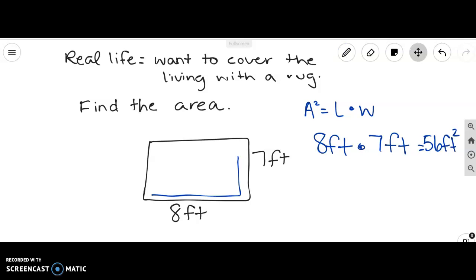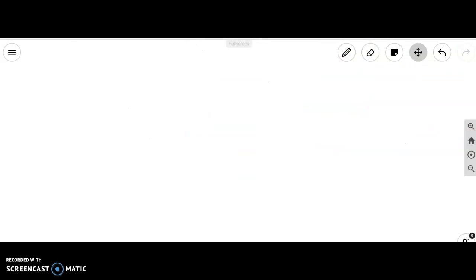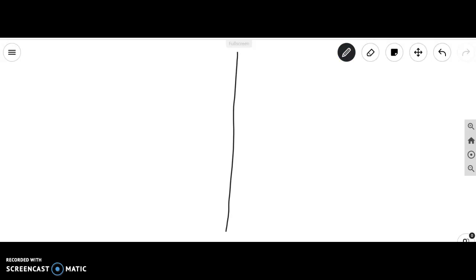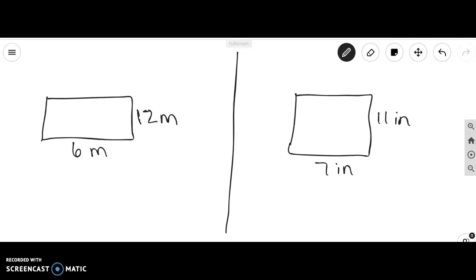So here are two more problems that I would like for you to pause the video and then answer them and come back in. And this time they may be a little bit trickier. So try your best. Here they are. Here are your problems. Let's go over them first, and then you'll pause the video, solve them, and come back in for the answer.